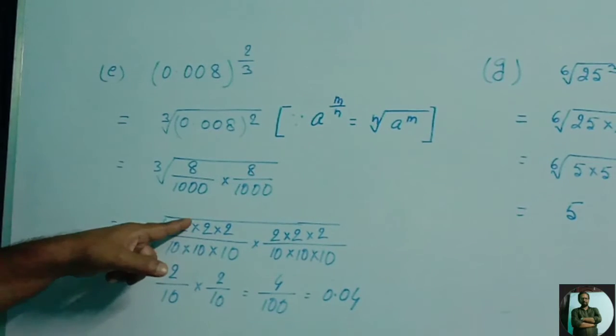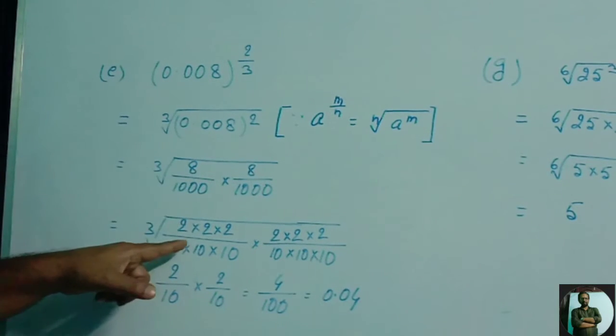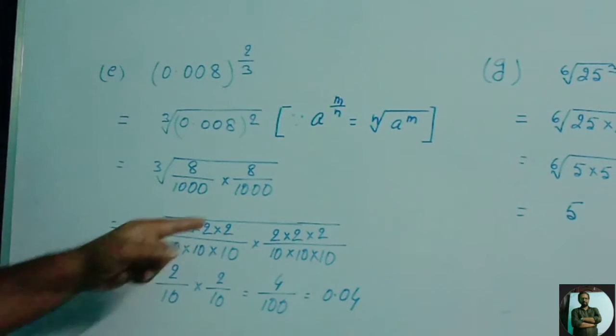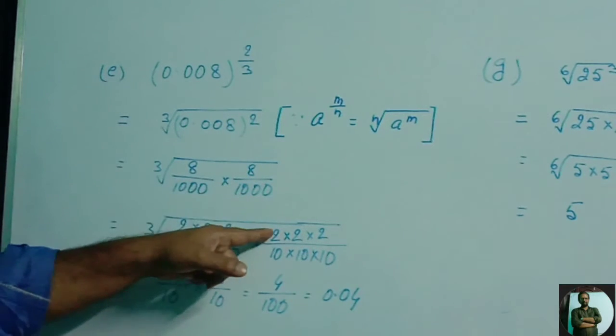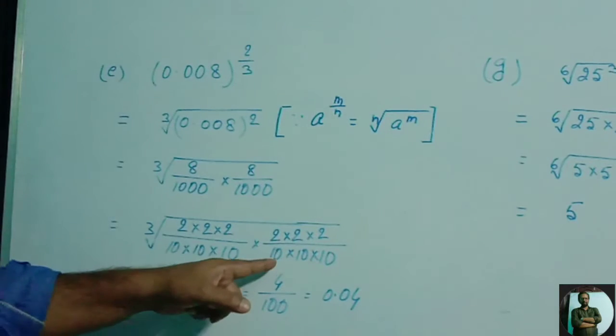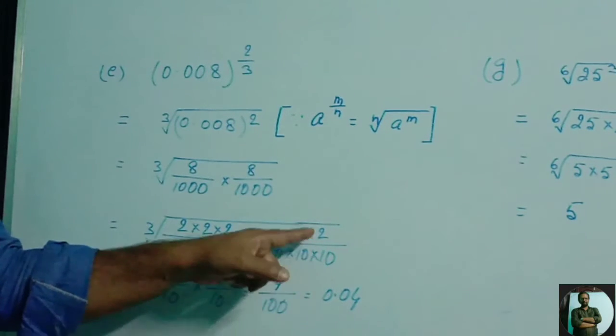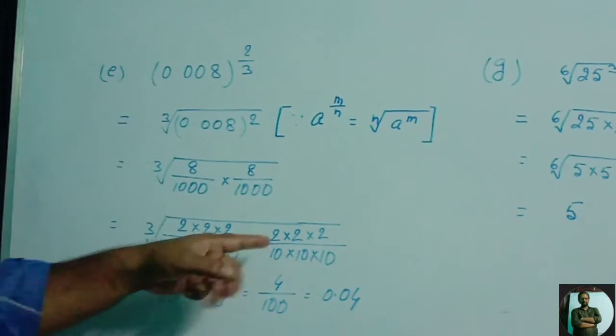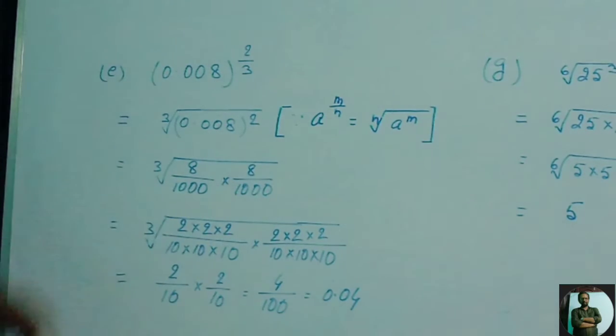So 2 into 2 into 2 became 8, and 10 into 10 into 10 became 1000. It became 8 by 1000. Similarly for this also I have written 2 into 2 into 2 by 10 into 10 into 10. If you multiply, you will get 8 by 1000. So I have written these two in this way.